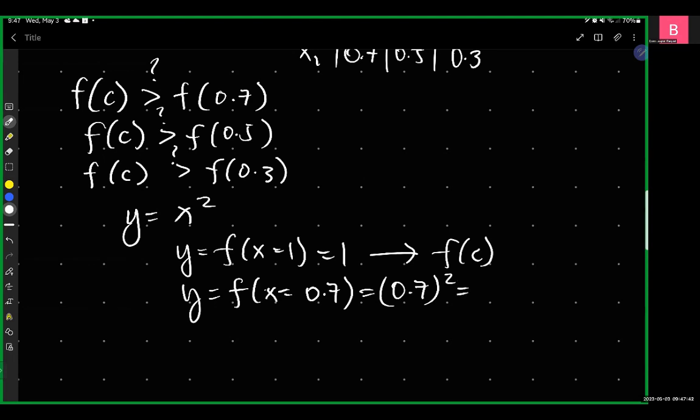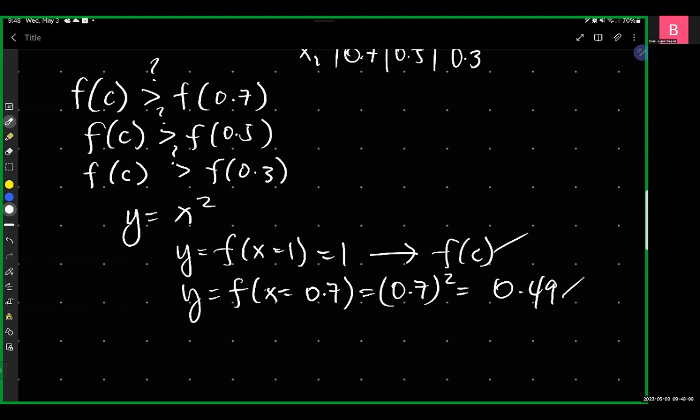Can anyone tell me? Anyone in the class, if you're listening? Okay. Sabi niya Labado, 0.49. Okay? Now, let's compare. Is f of c greater than 0.49?